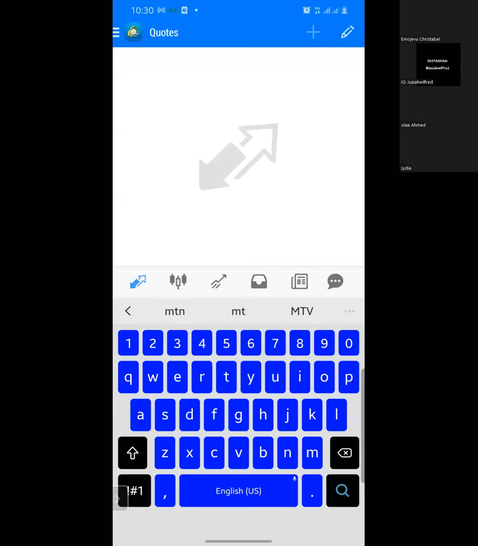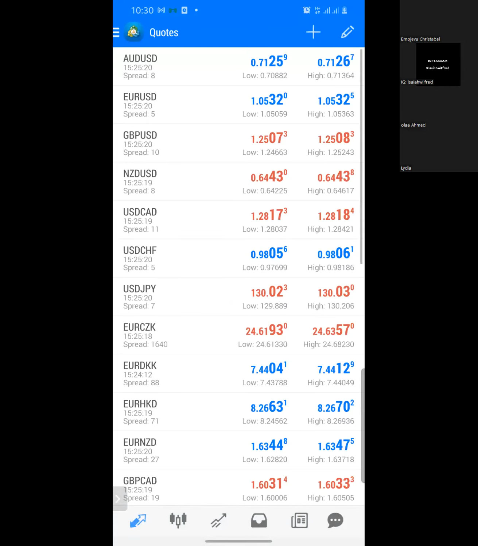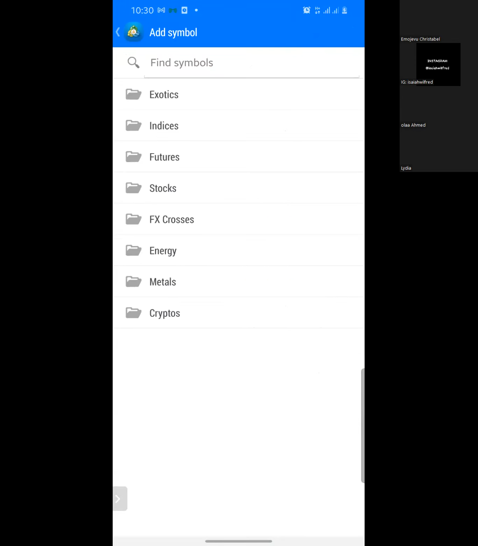So go to your MT4. The first thing you're supposed to do is check the quotes page. Do you have the currency pair that was called out on your quotes page? If you don't have US oil there, you're supposed to add it. At the top right, you can see the plus button.